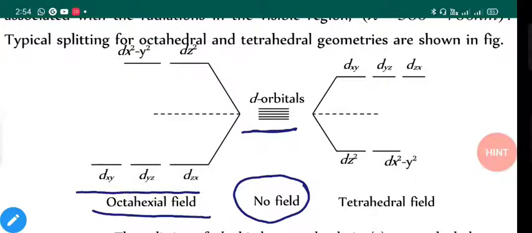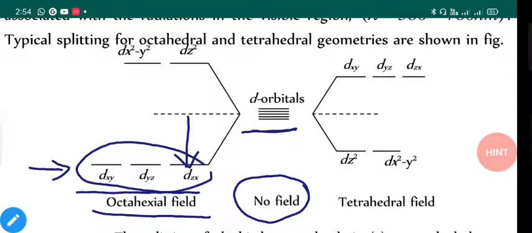Because of distance from the ligand electrons, the energies of the between-the-axes orbitals will decrease, and that's why we get two sets of degenerate orbitals. Degenerate means the same in energy. So we have two different energy levels for 5 orbitals: 3 decrease their energy, which are between the axes, and 2 increase their energy, which are on the axes.